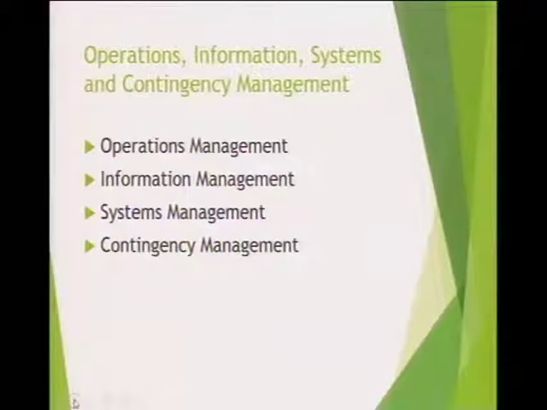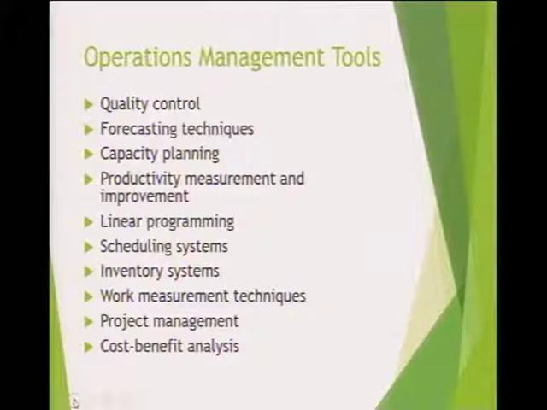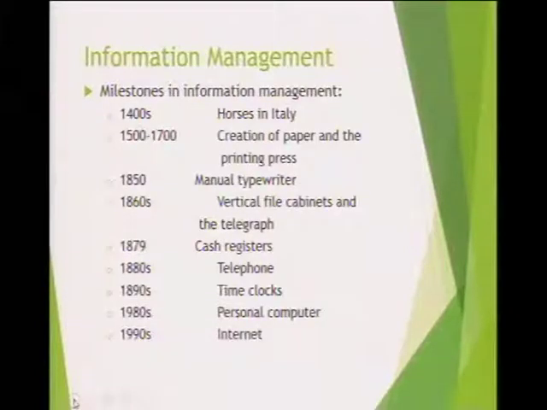For example, there has to be operations management, information management, systems management, and contingency management. Operations, we are looking at a number of items there. We look at quality control, capacity planning, scheduling systems, inventory systems, cost-benefit analysis. All these will help the organization to be effective.